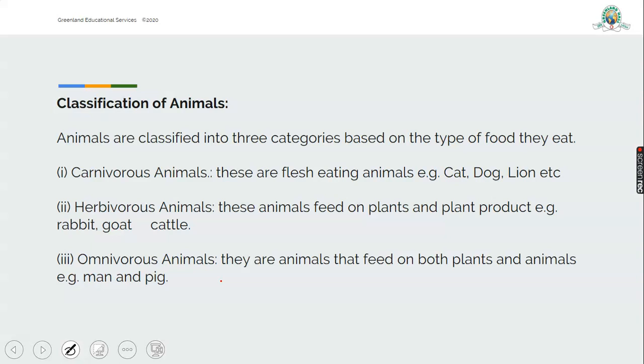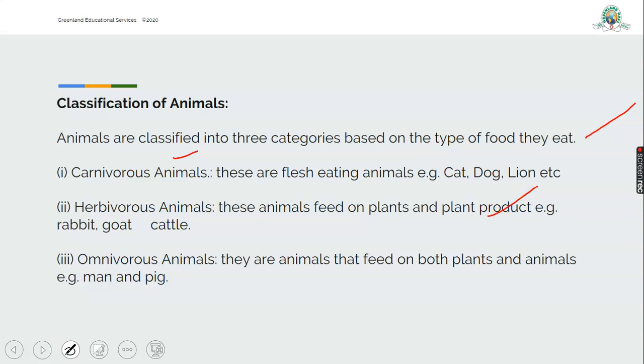Now, let us look at the classification of animals. Animals are classified according to the type of food eaten. We have those animals that feed on flesh. We call them the carnivores. Those that feed on plants and plant products, we call them the herbivores.